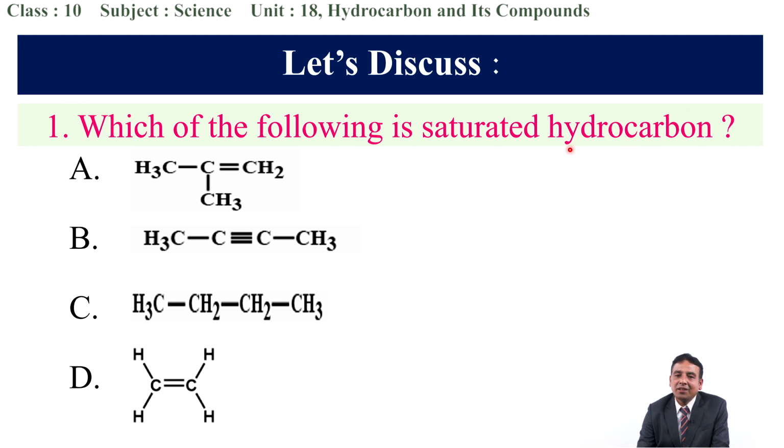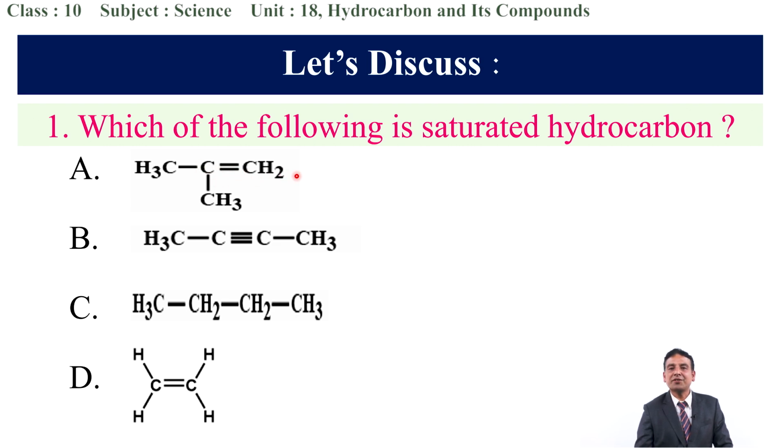If the bond between carbon and carbon atoms is a single one, obviously they are called saturated hydrocarbons. In the first option, you will find a double bond between this carbon and this carbon.